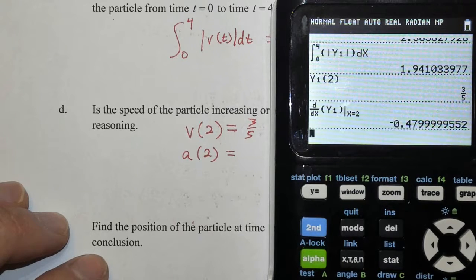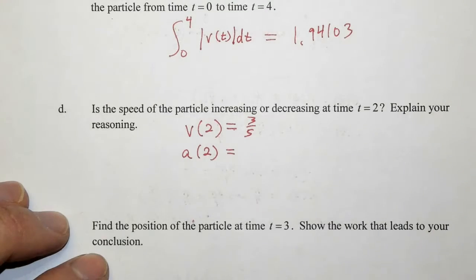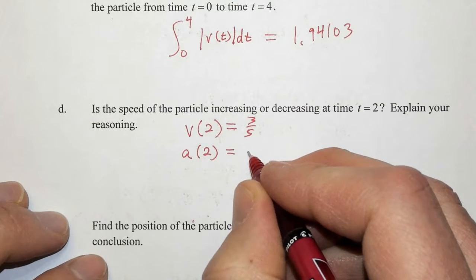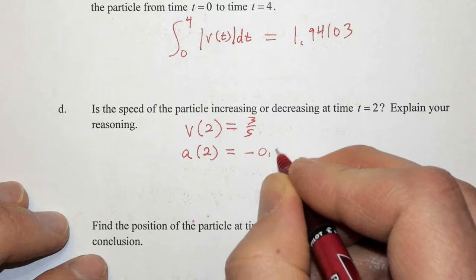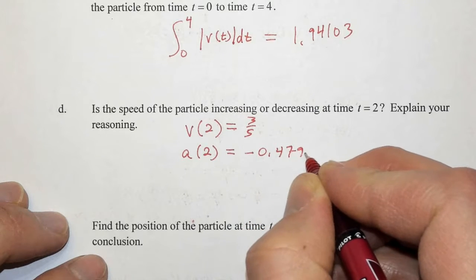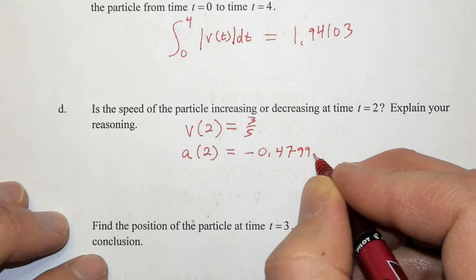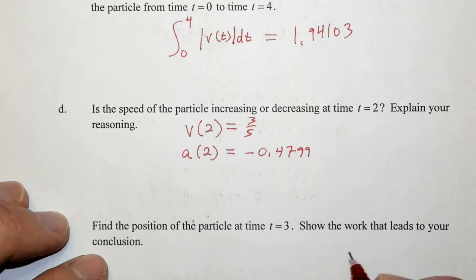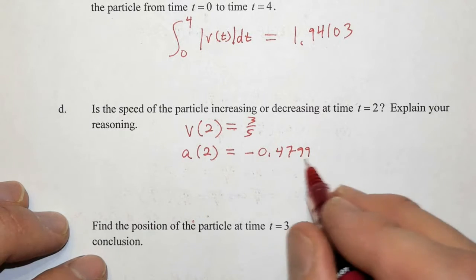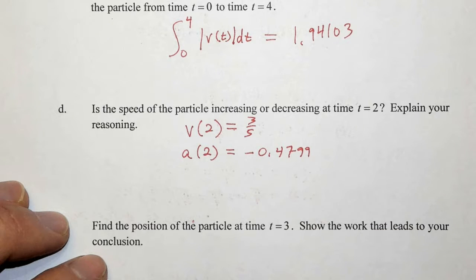So enter in a 2 there and hit enter, and there it is, negative 0.4799. All right, so we have a of 2 is negative 0.479. Repeating, I think that's actually going to be negative 4.8, but that's okay. We could round that, but let's just go with that accuracy right there.